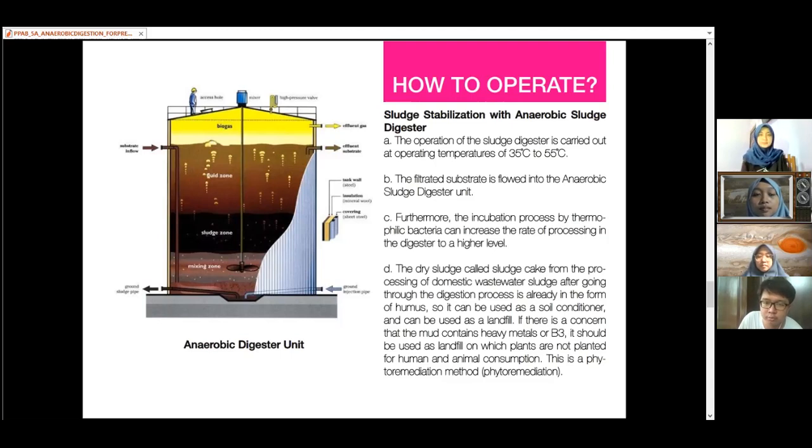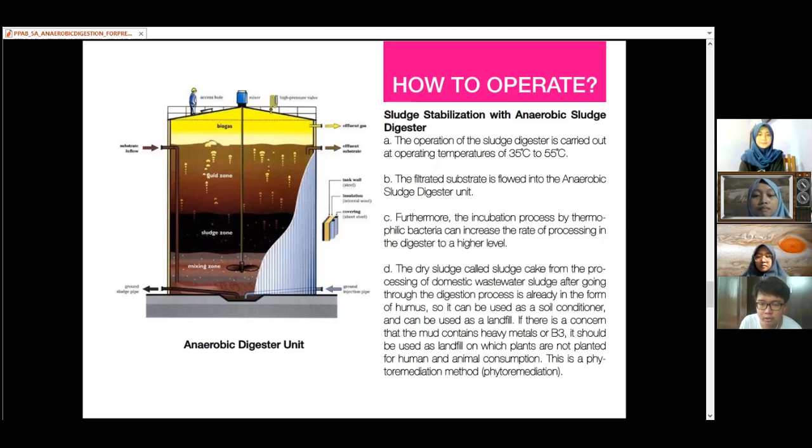Furthermore, the incubation process by thermophilic bacteria can increase the rate of processing in the digester to a higher level. And the dry sludge, called sludge cake, from the processing of domestic wastewater sludge after going through the digestion process is already in the form of humus, so it can be used as a soil conditioner and as landfill.